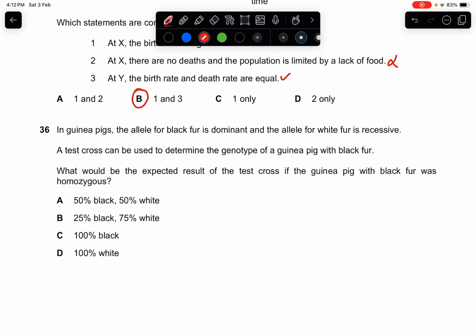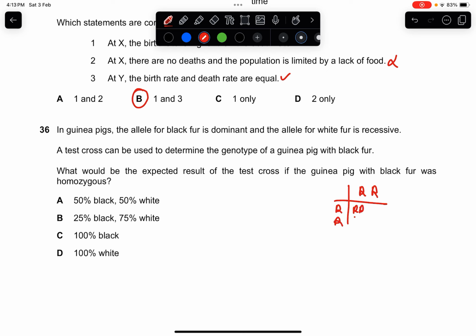Question 36. In guinea pigs, the allele for black fur is dominant and the allele for white fur is recessive. A test cross can be used to determine the genotype of a guinea pig with black fur. What would we expect as the result of the test cross if the guinea pig with black fur was homozygous, meaning they have both capitals?